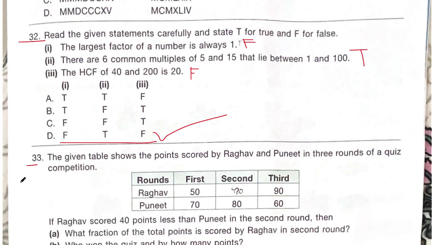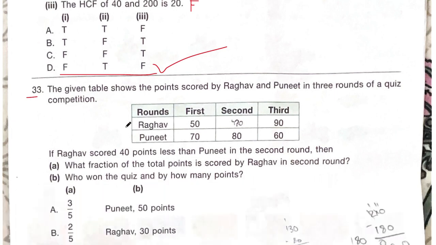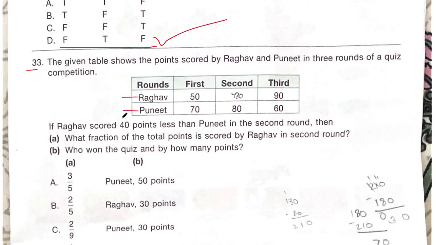Question 33 here is, the given table shows the points scored by Raghav and Puneet in 3 rounds of a quiz competition. So it is Raghav, Puneet, 3 rounds, first, second, third. Raghav scored 40 points less than Puneet in the second round. Puneet has scored 80 in the second round, so 40 points less means 80 minus 40, that is 40 for Raghav.